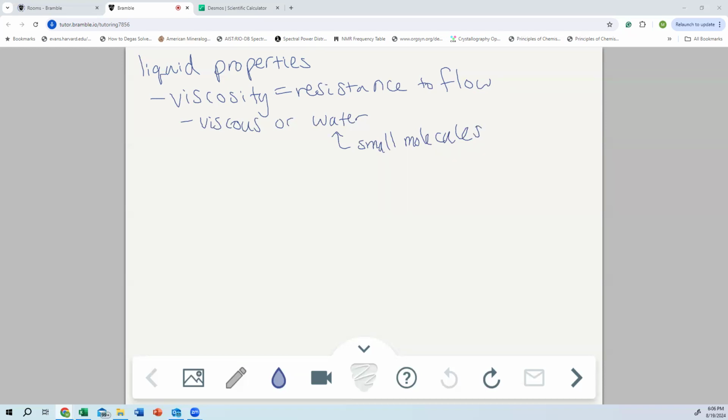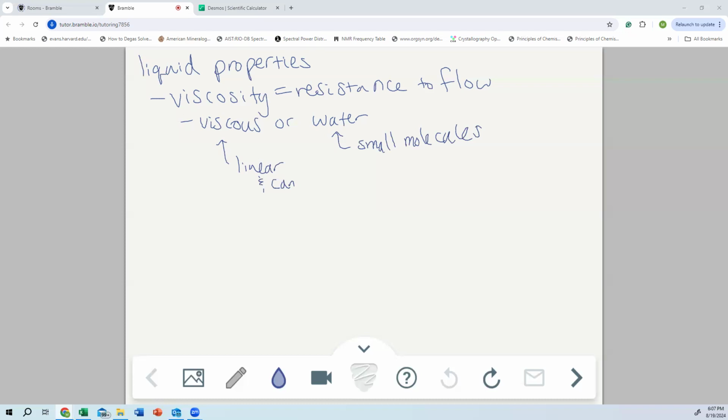Like water has, as far as a small molecule goes, pretty strong intermolecular forces. However, it's not very viscous. When we think about a viscous liquid, it's one where our molecules kind of get tangled within each other. So viscous species are going to be things that are linear and can easily tangle. So things without very many branches.